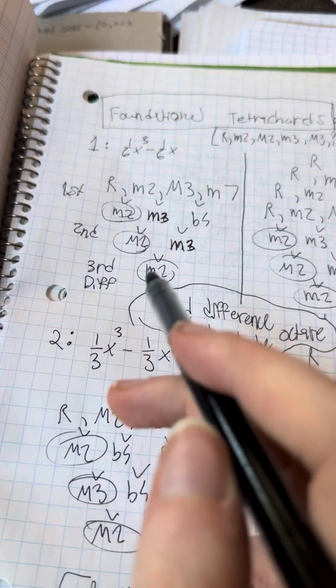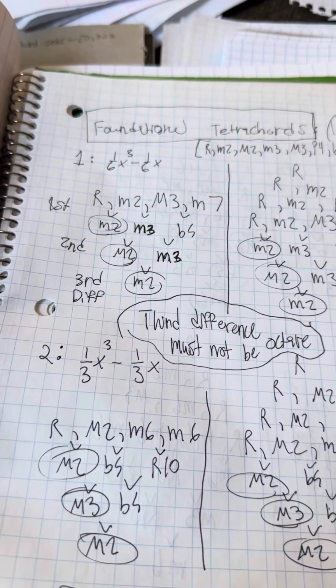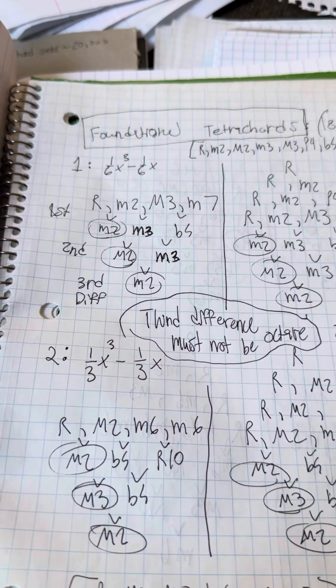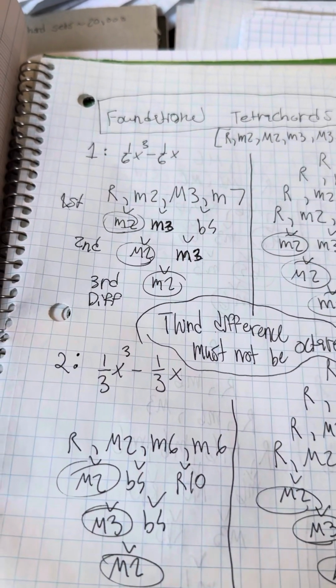And that's just because anytime we have a constant of an octave, we're just going to get octaves. And that's just going to make things more complicated.